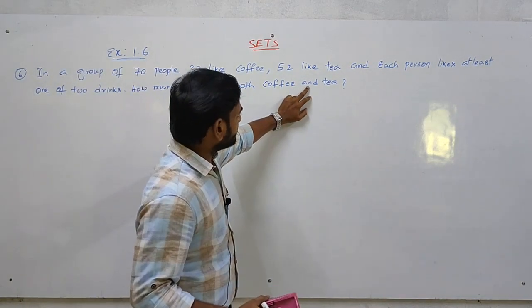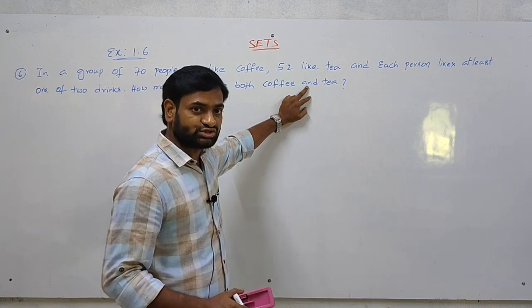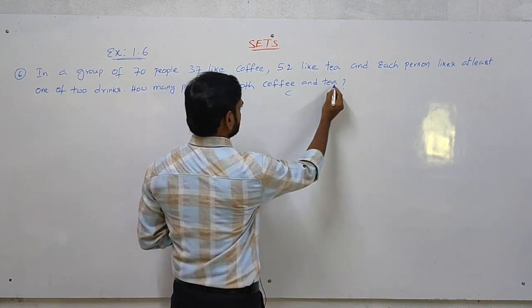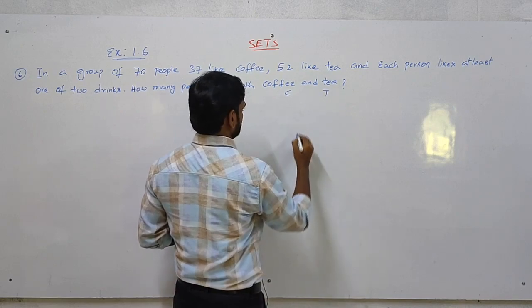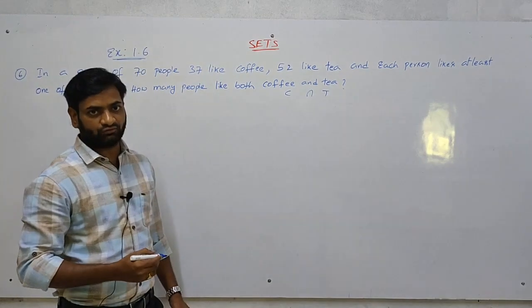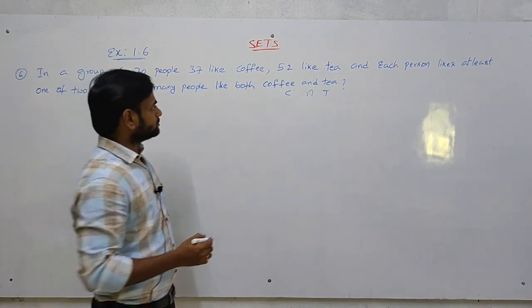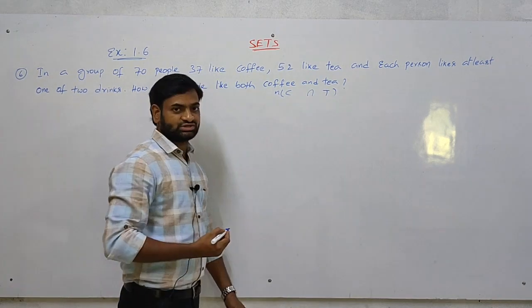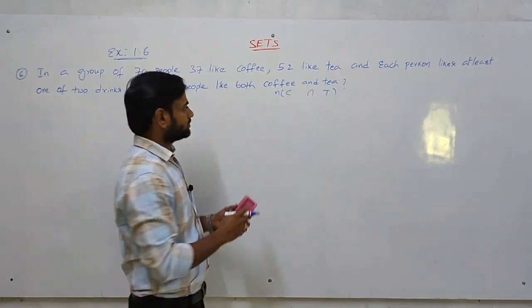Both coffee and tea. "And" means it is intersection. So coffee I can denote by C. Tea I can denote by T. So we have to find n of C intersection T.